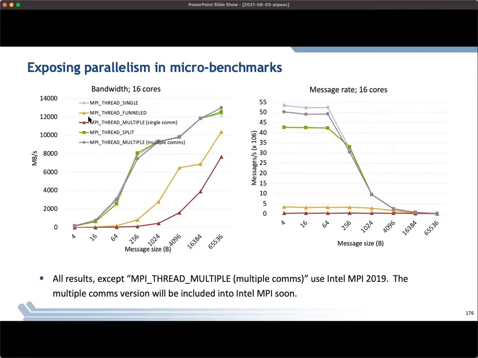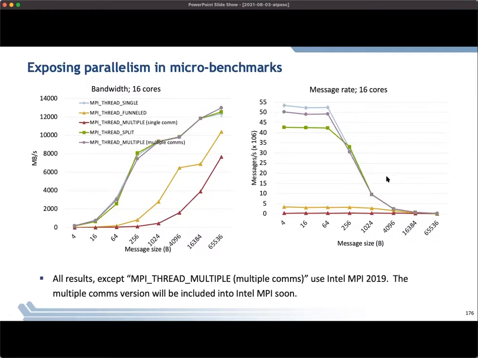If you compare to MPI plus thread multiple with no isolation, the performance is not that great. But the takeaway of this figure is, if you use multiple communicators to isolate the traffic between threads, and use an optimized MPI implementation, you get close to MPI thread single performance.